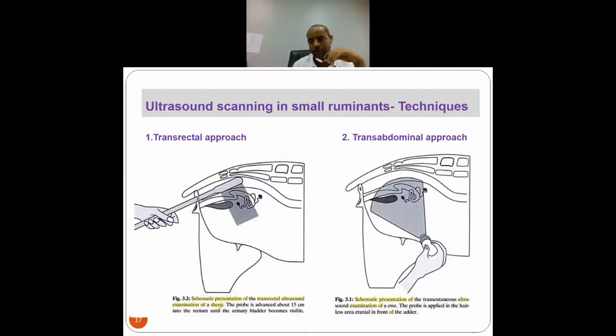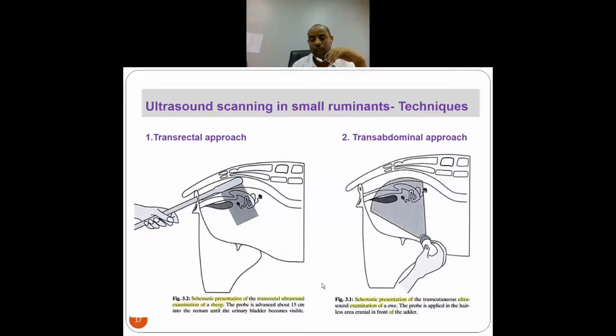That is the location where you need to put the probe, and the probe has to be directed in a dorsocaudal direction. Sorry, I said caudocranial earlier, but the probe has to be from the ventral inguinal region, directed in a dorsocaudal approach.